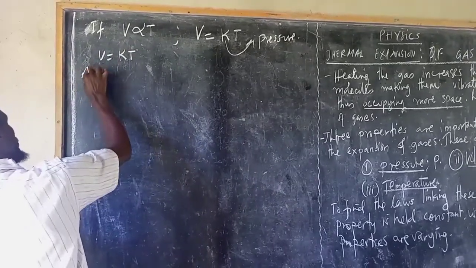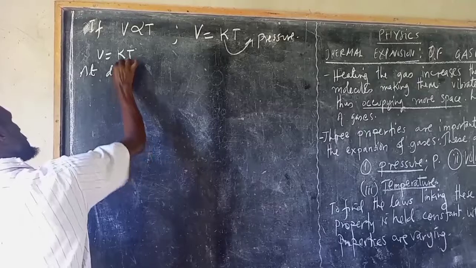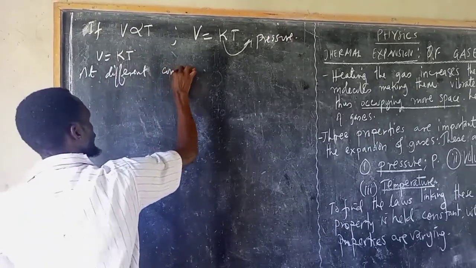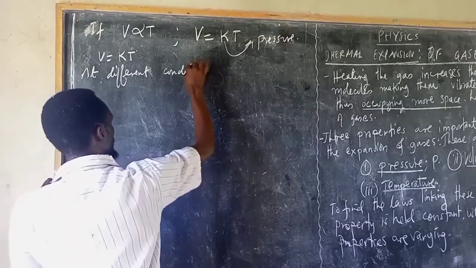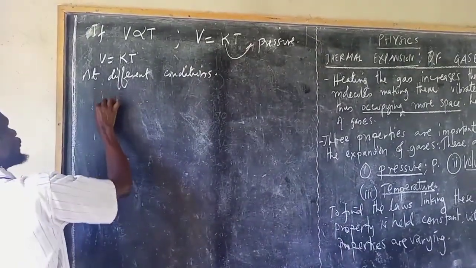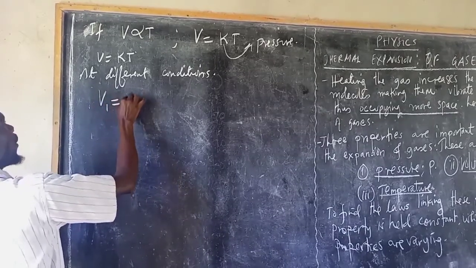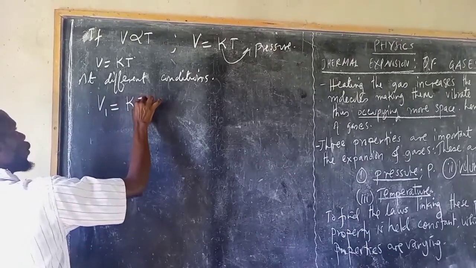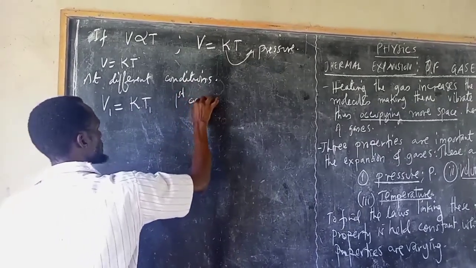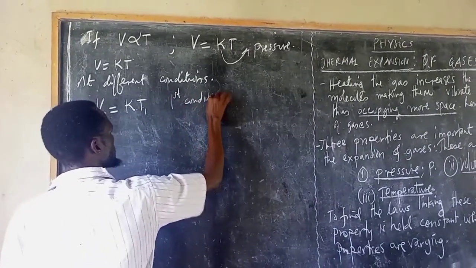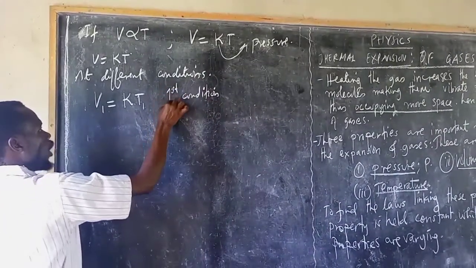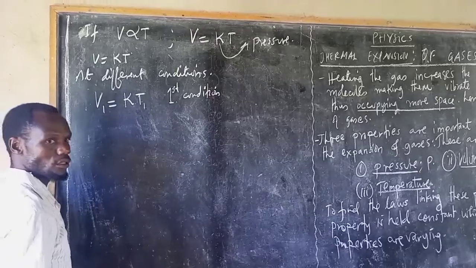Then, at different conditions, for the first condition, V1 is equal to KT1. This is the first condition. What if the volume is changed?